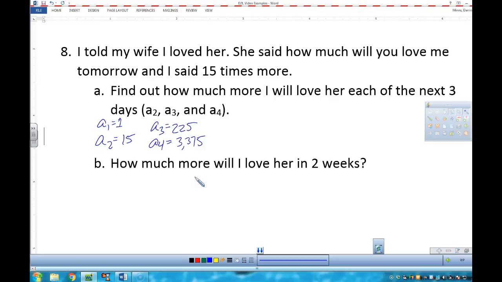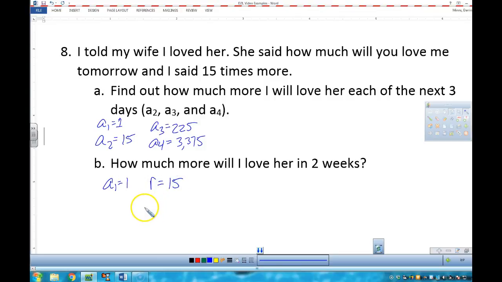Part B, how much more will I love her in 2 weeks? Well, 2 weeks is how many days? That's 14. Instead of going up A5, A6, A7, I'm going to go ahead and write the formula. So I've got A sub 1 was 1, and our r value, the multiplier, is 15.